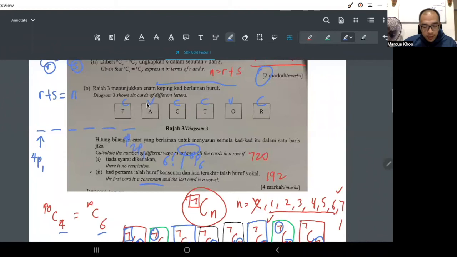And the rest is 4 factorial. Then you multiply everything, and you should be able to get 192. 4 pick 1 times 4 factorial, or 4P4 also can, if you understand, 4P4 times 2P1. You will get the answer 192.